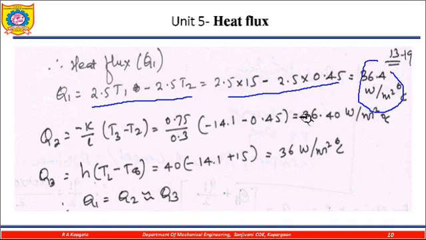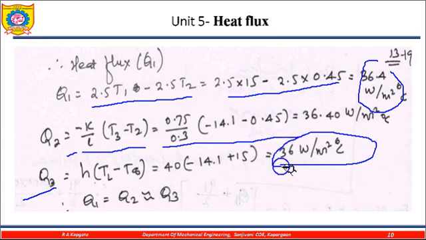Q2 is equal to minus K L, T3 minus T2, and we get these terms, and Q3 is equal to H times T_L minus T infinity, H into T_L minus T infinity, 40 into minus 14.1 minus 15.